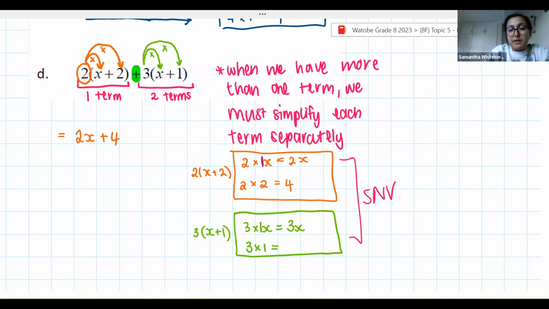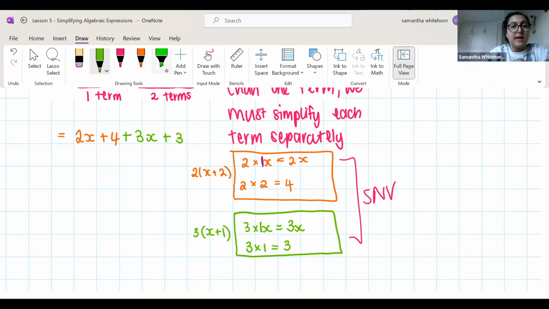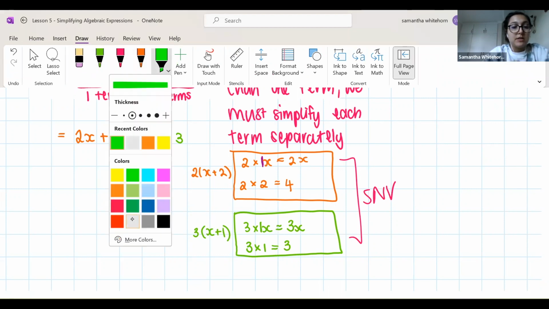Positive 3 times positive 1 is positive 3. So from my second bracket, I've got a positive 3x and a positive 3. So I need all of you to please check your products there, because there were some interesting looking products coming in on the chat. And guys, we need to make sure that we're multiplying or distributing correctly.